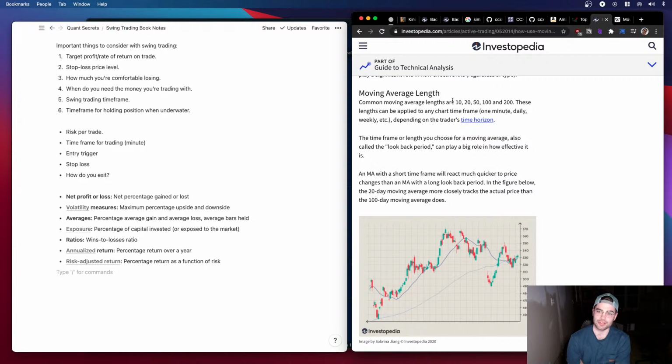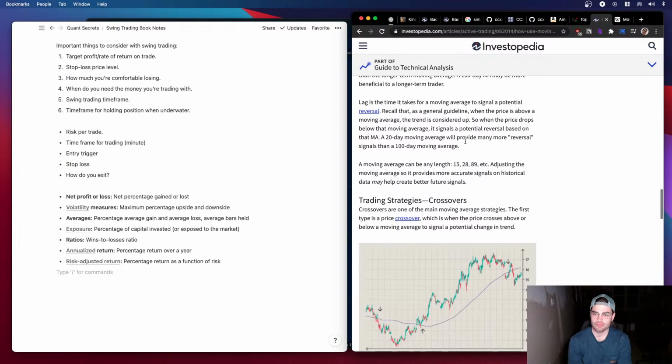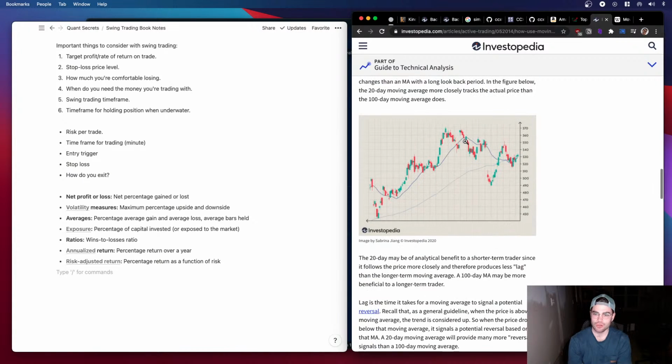So you can change your moving average length because if you have a shorter length, then it's going to be a more volatile moving average, and you're going to have probably more opportunities to trade, but you'll still have a rough estimate of how things are playing out. Cool.